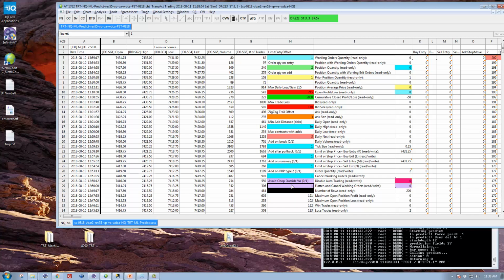With this 0818 version, and it's not just 0818, if you look at the naming convention, it says VP, VA, WD, CA. VP is volume profile, and then VA is value area. So value area wave delta chop avoidance is what I'm trying to point out here.